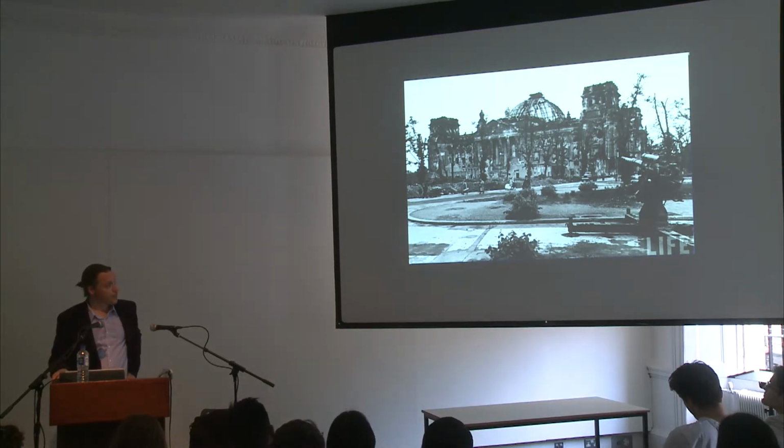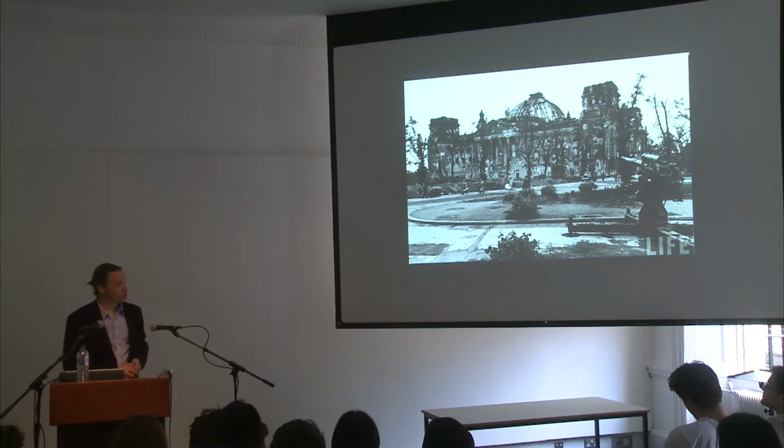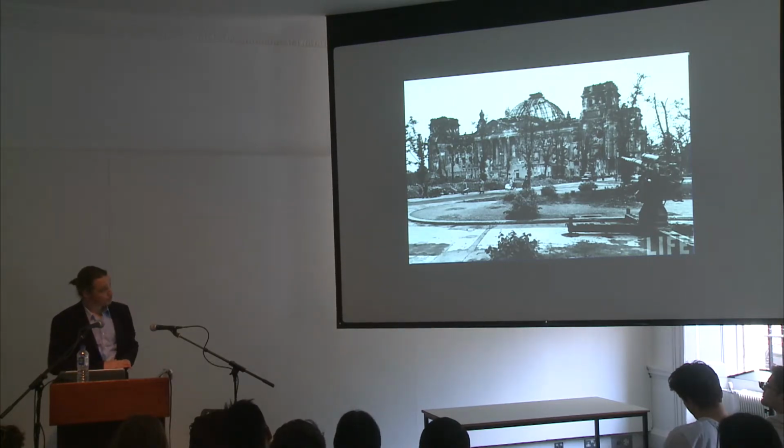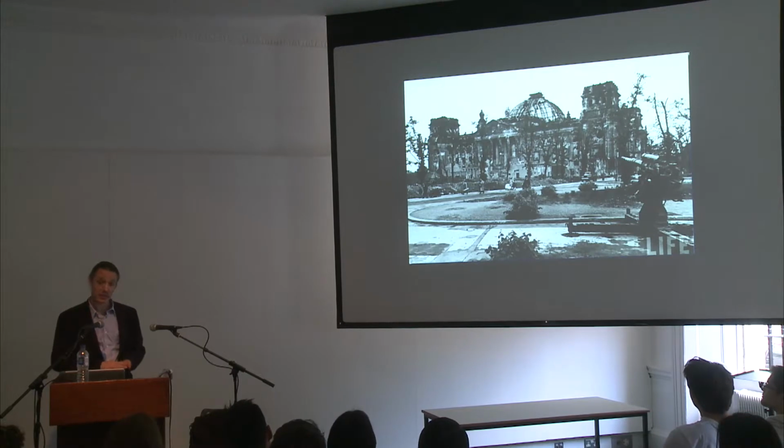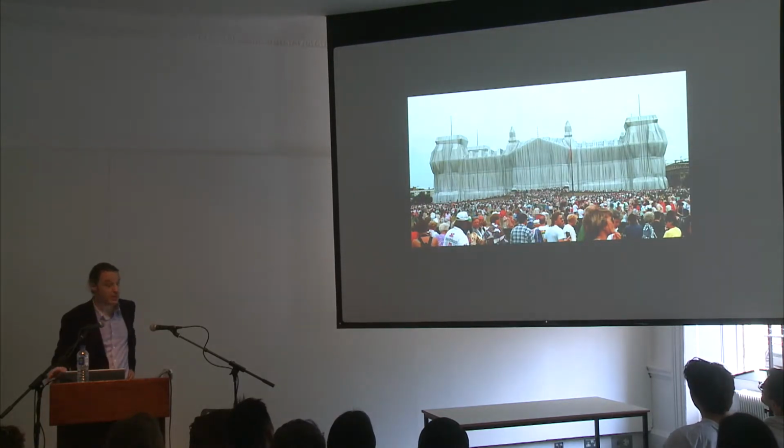And West Germany had Bonn as their capital, so they didn't use this. But with the reunification, obviously possibilities and questions started to be asked, and it was rebuilt. But before that happened, somebody wrapped it. Christo and Jeanne-Claude covered the Reichstag.